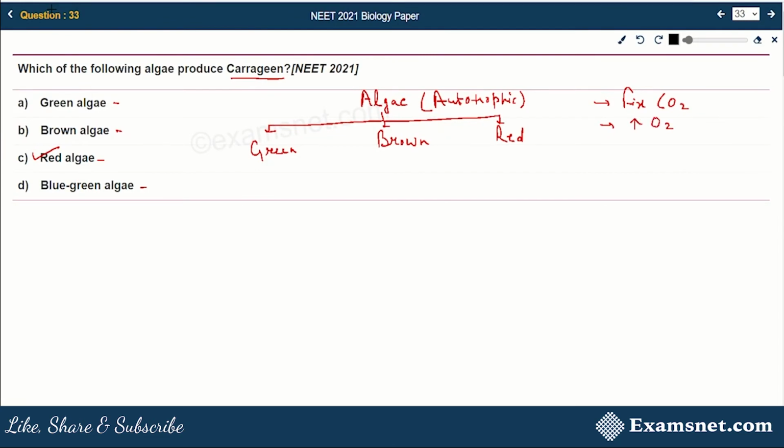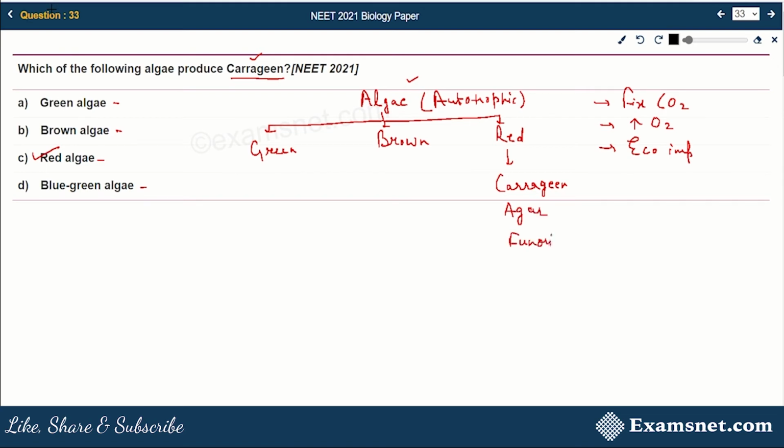Other than these, some economically important substances are obtained from the cell wall of algae. For example, carrageenan is one such substance which is obtained from the cell wall of red algae. Other than carrageenan, the cell wall of red algae also contains agar and fumarate.